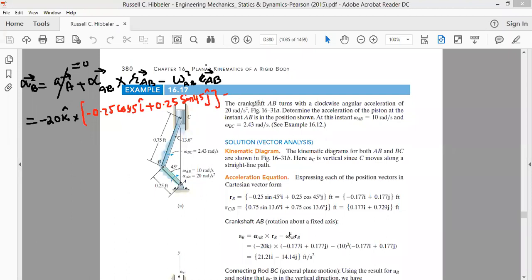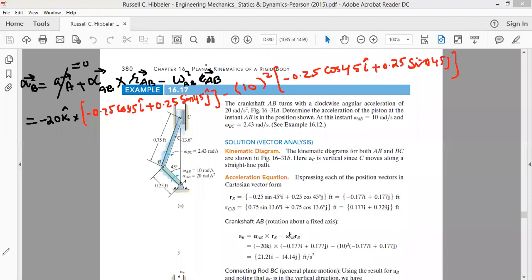We only need the magnitude, so it is 10 square, times the R_AB vector. R_AB vector we write as minus 0.25 cos 45 degree i cap plus 0.25 sine 45 degree j cap. Okay, so this is it.